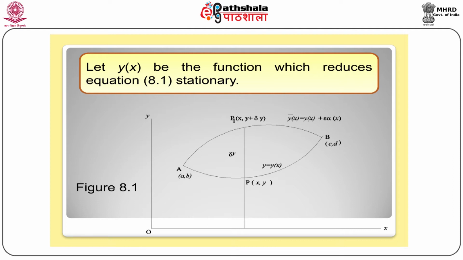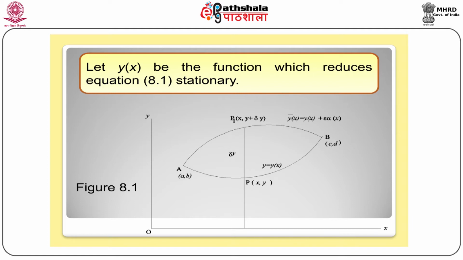A line parallel to the y axis has been drawn which meets the lower curve at the point P(x, y) and the upper curve at the point P1, whose coordinates are given by (x, y plus delta y). So, this portion is the delta y. Alpha x is a function that belongs to C1.